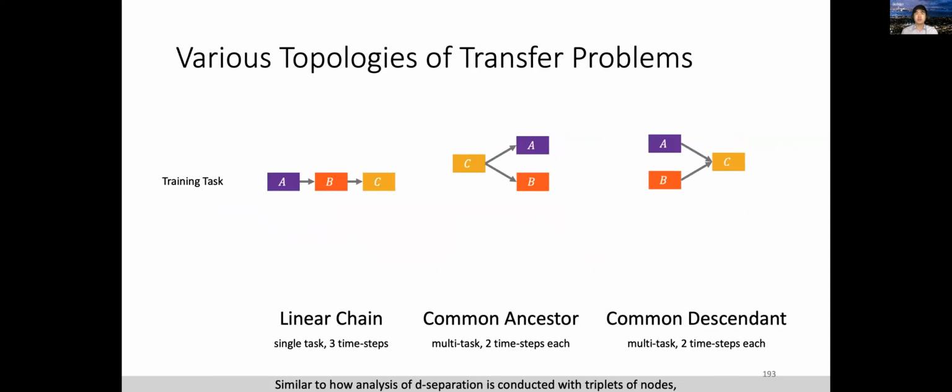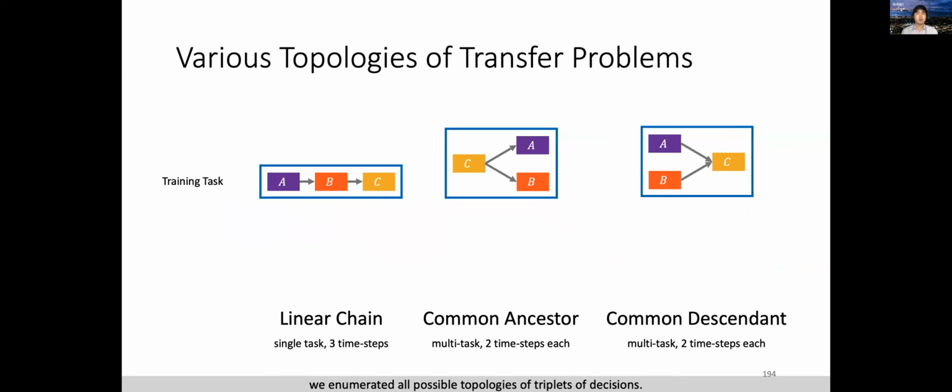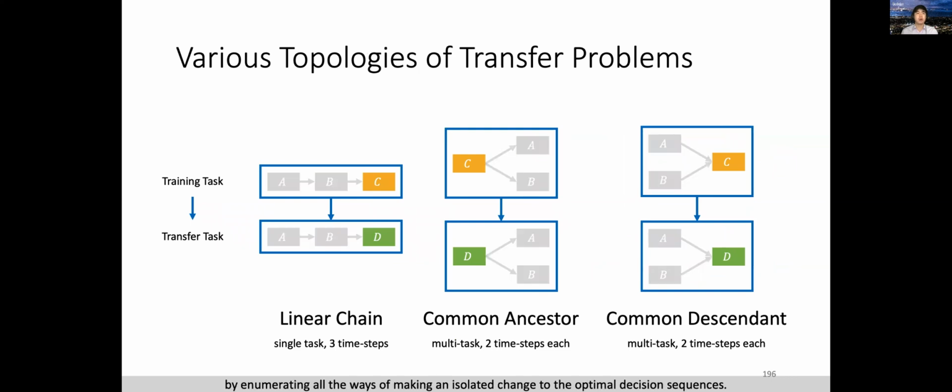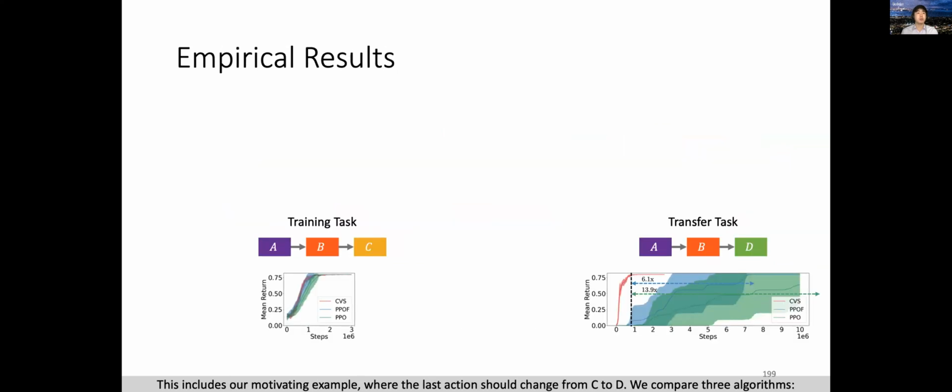Similar to how analysis of d-separation is conducted with triplets of nodes, we enumerated all possible topologies of triplets of decisions, and for each topology, we generated 3 transfer tasks by enumerating all the ways of making an isolated change to the optimal decision sequences. This includes our motivating example, where the last action should change from C to D.